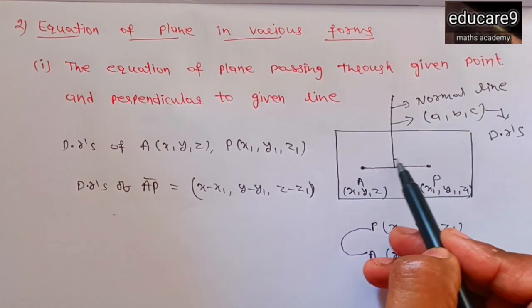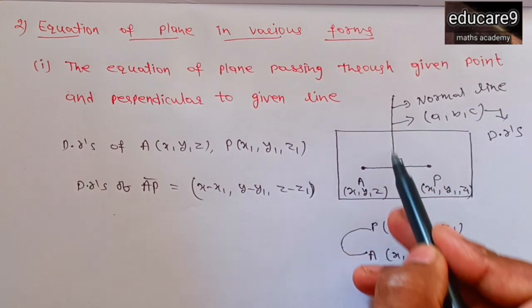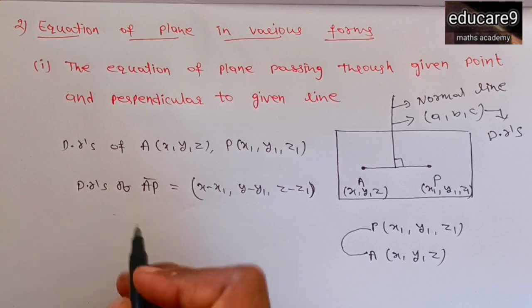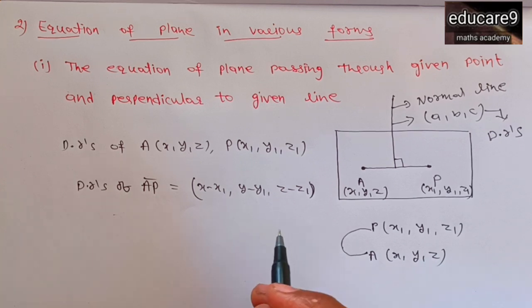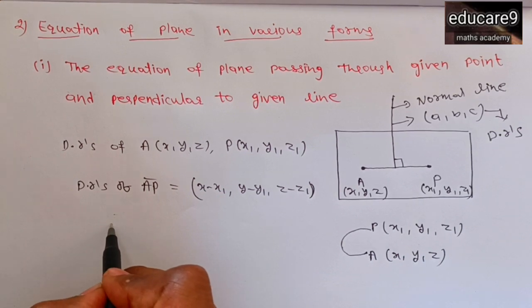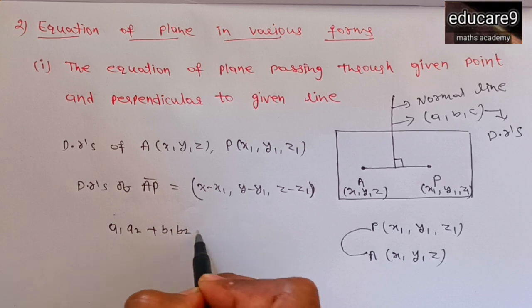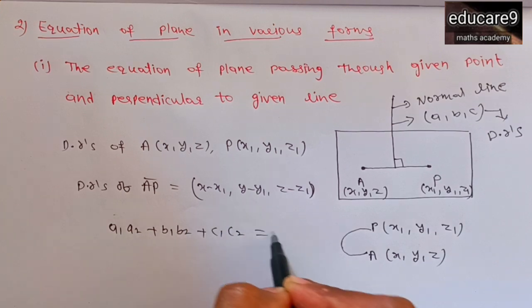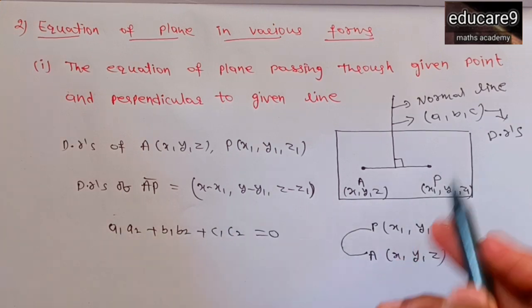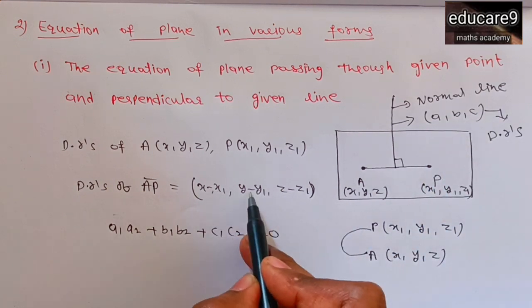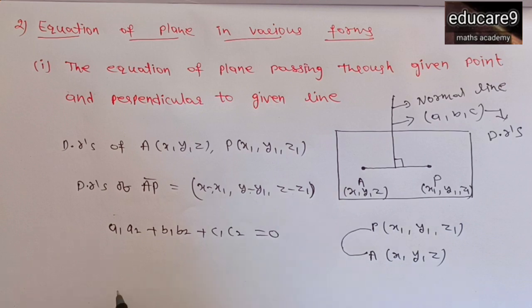So clearly the AP line and the normal line are perpendicular. We know that if two lines are perpendicular, the condition is a1 a2 plus b1 b2 plus c1 c2 equals 0. Here a1, b1, c1 are a, b, c and a2, b2, c2 are x minus x1, y minus y1, z minus z1.